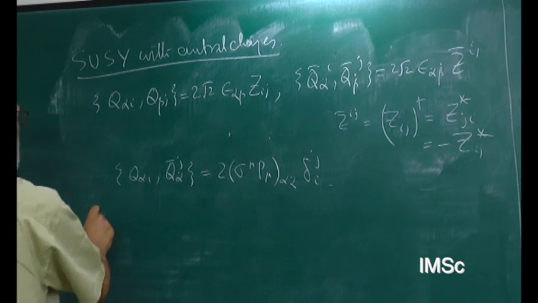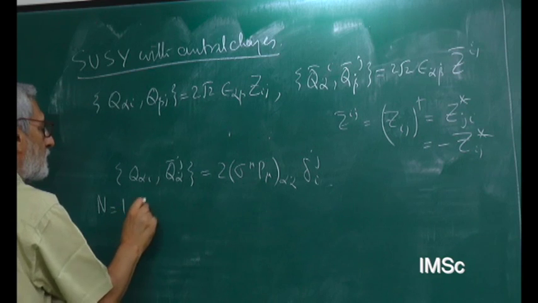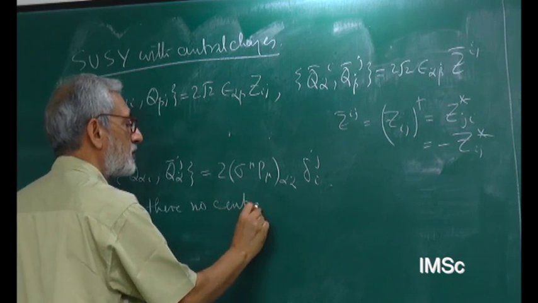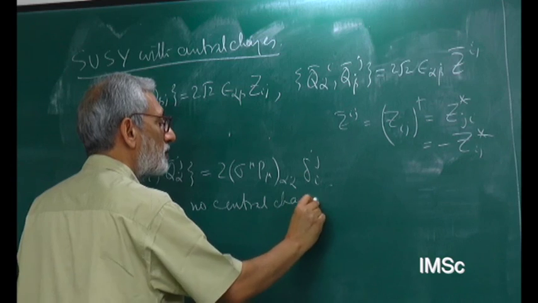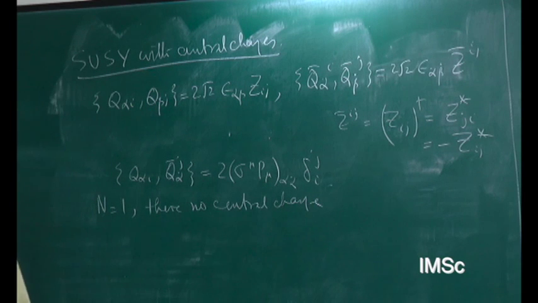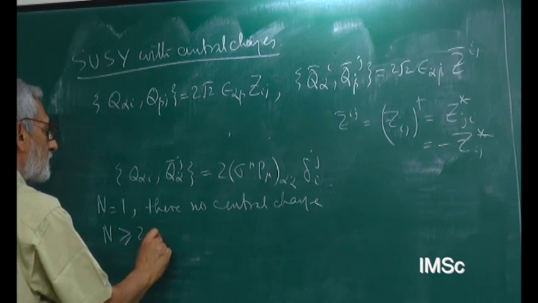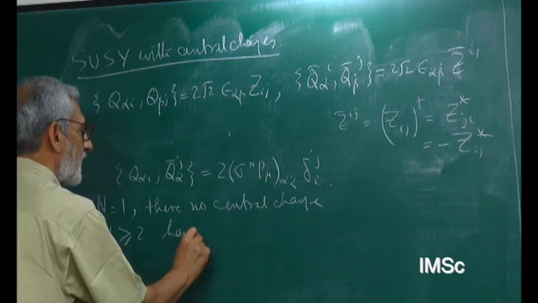Clearly, for n equal to 1, there is no central charge, because Z is an antisymmetric object with labels I and J. So we have talked about n greater than or equal to 2 having central charges.